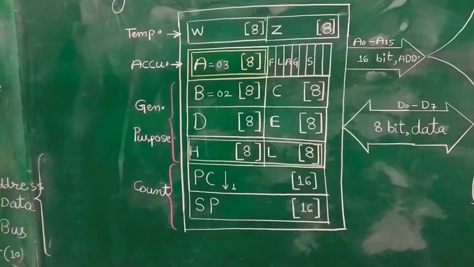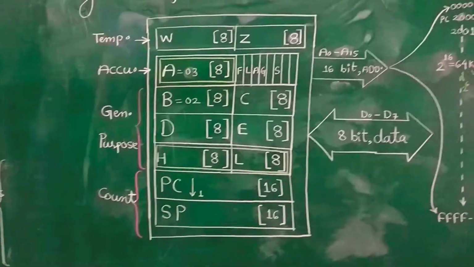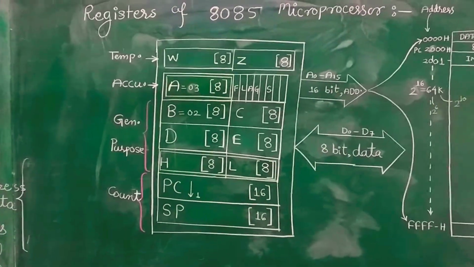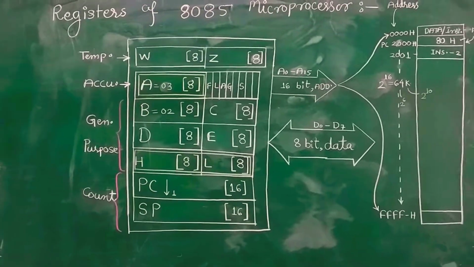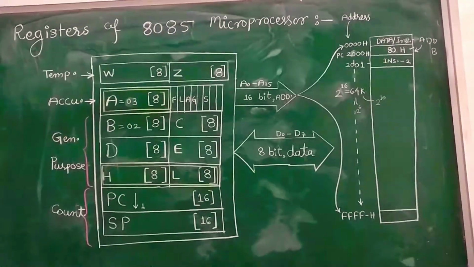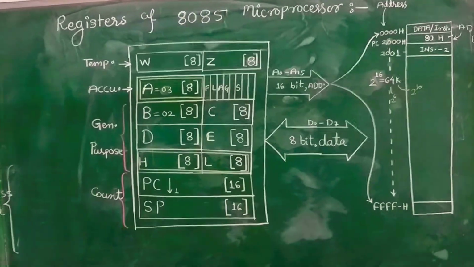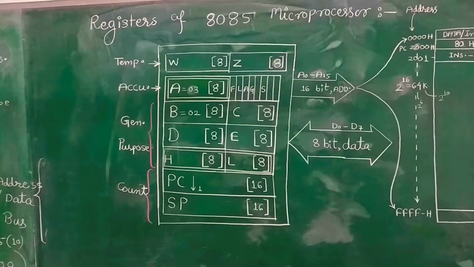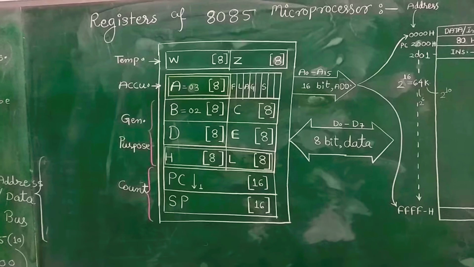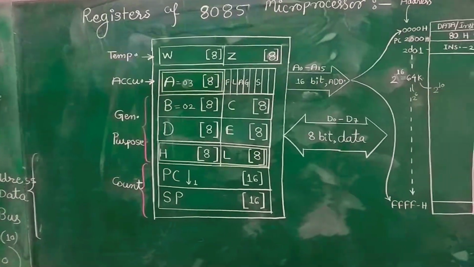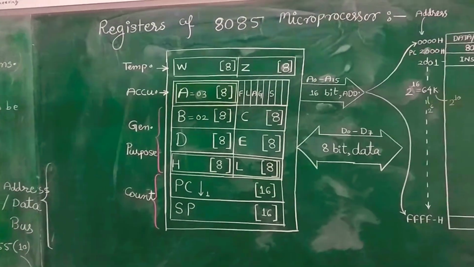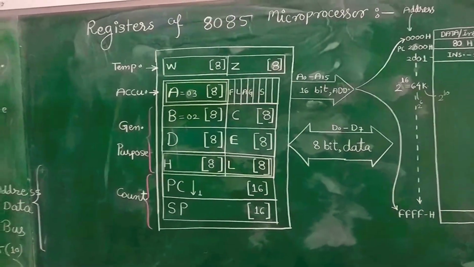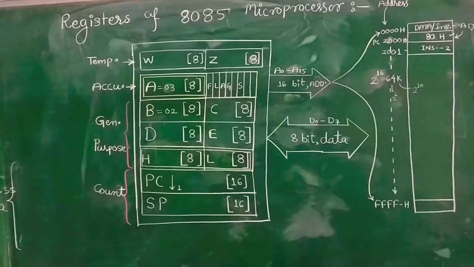Very important thing: the PC is sequencing the program. How? Starting address we are feeding, the address where we have written the program. And then automatically by the timer mechanism, every time PC will be incremented by 1 so that the next instruction will be executed.